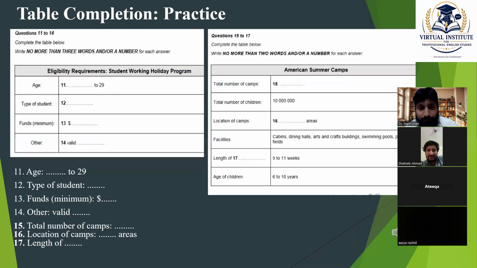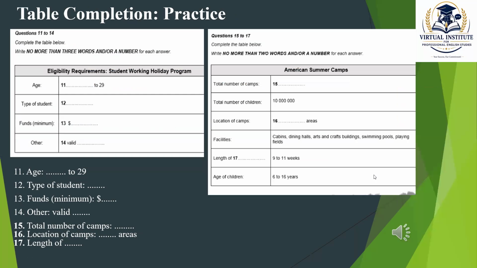Okay, now here is another type. We have table completion. So here's the practice. We have questions 11 to question number 17. Now, you have some time to read the instructions and the questions, and then I will play the audio.